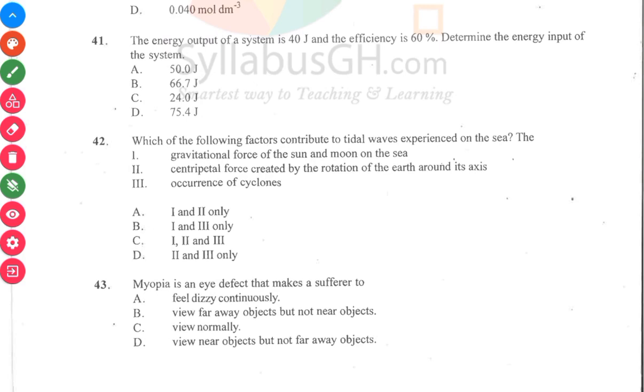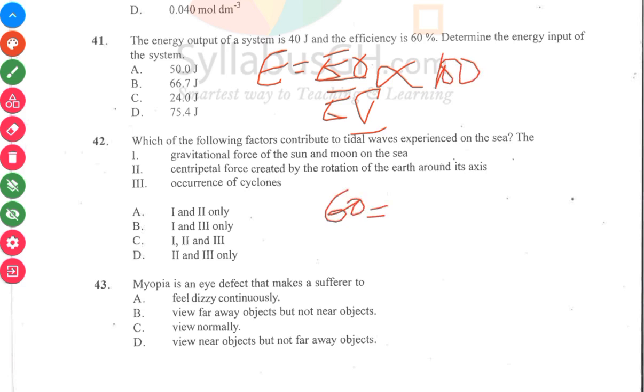Number 41, the energy output of a system is 40 joule and efficiency is 60%. Determine the energy input of the system. So efficiency equals the energy output on top, then the energy input below, times 100. So 60 equals the output 40 over, let's represent the input with X, times 100.